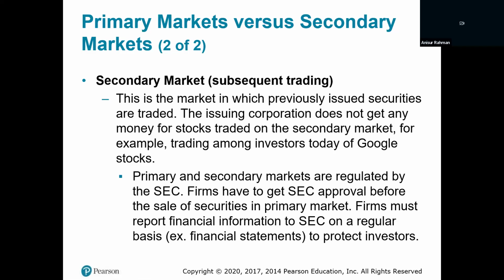This primary market is where actual money is actually raised by corporation. Now that can happen through IPO, and that is when the company sells shares for the first time in its history. And seasoned equity offering is any time after IPO, a company sells shares and raises money.